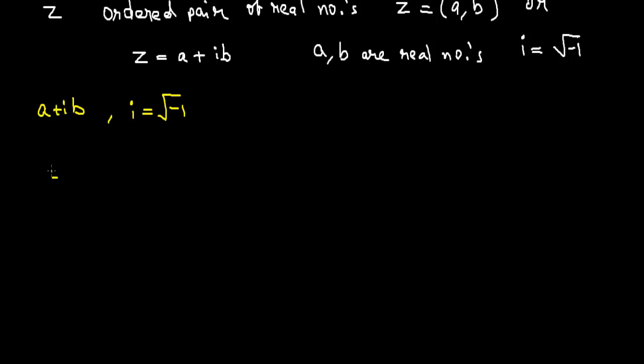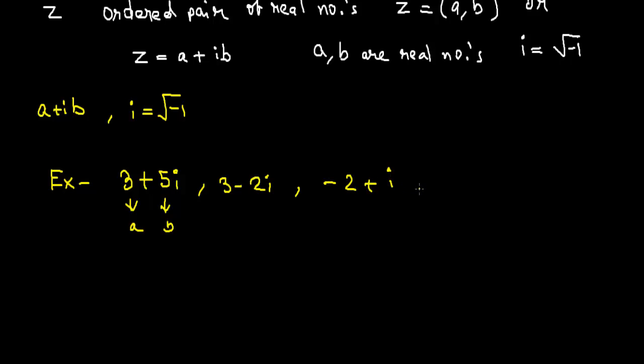For example, 3 plus 5 iota, where this is A and this is B. Any examples like 2i, 3 minus i, minus 2 plus i, all these are complex numbers.